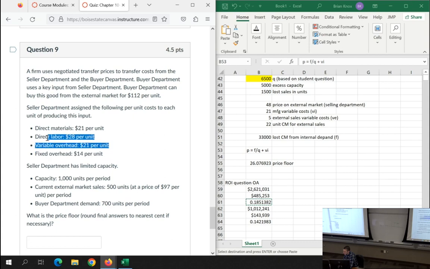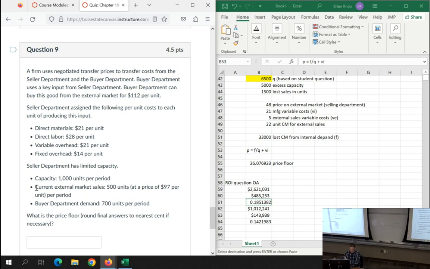So these would be our variable manufacturing costs, these three that I've highlighted, DM plus DL plus VOH. We can ignore the fixed overhead amount. The seller department has limited capacity. They have capacity of 1,000 units per period. So their overall capacity is 1,000 units per period.